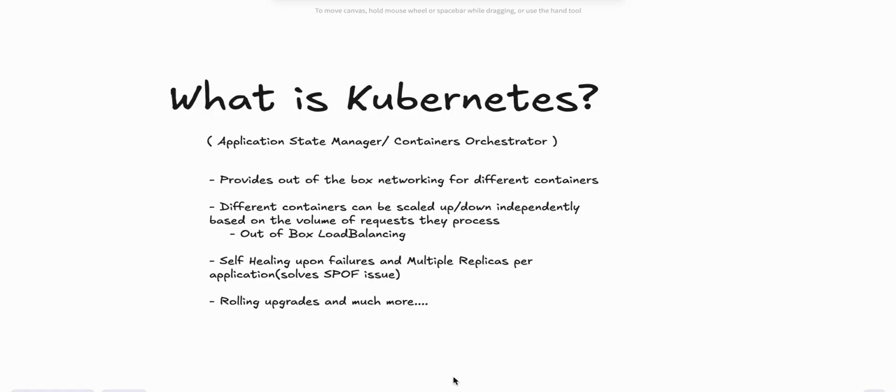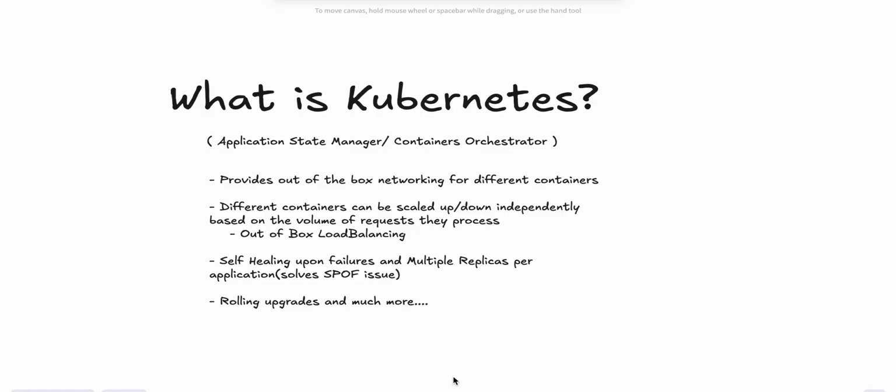These different containers would serve different purposes, and based on that, the volume of requests they receive will vary as well. If a container has a high volume of requests coming in, we would want to scale it up independently of the other containers. And apart from just scaling it up, we might need a load balancer as well, so that the incoming requests are evenly distributed among the replicas of that particular container.